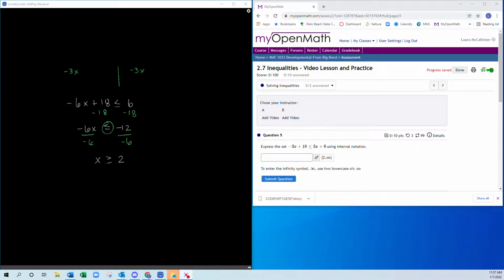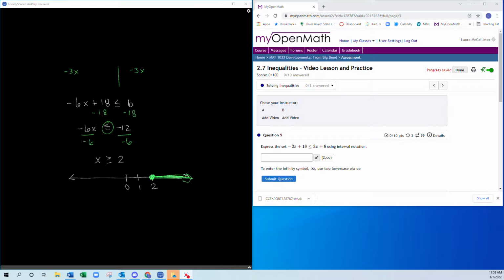Now, if I were to graph this on a number line, what this says is wherever you have 2, x is greater than or equal. So I'm going in this direction. Because it's greater than or equal, I know that means I have a filled in circle going in the positive direction.